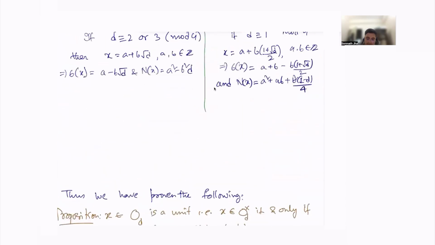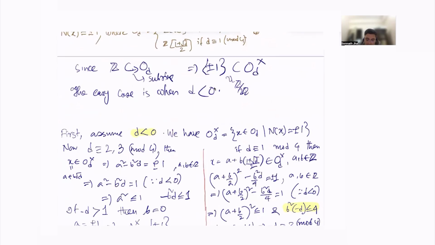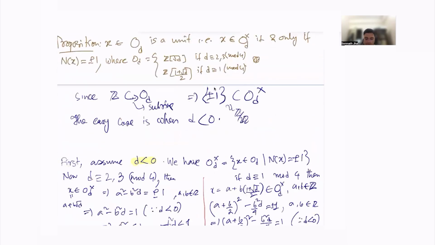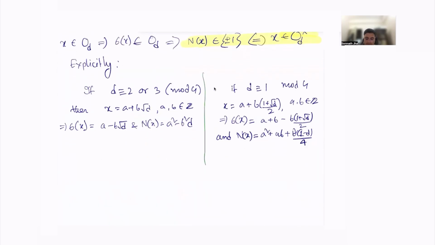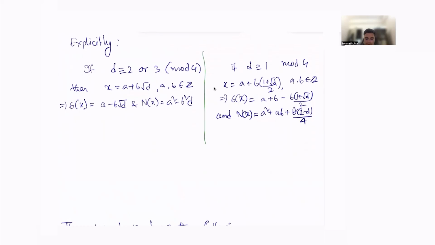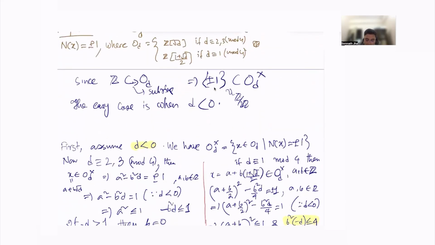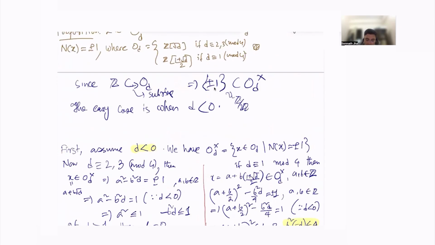This was the x bar, if x was this, which can also be written as a plus b minus b into 1 plus root d by 2.